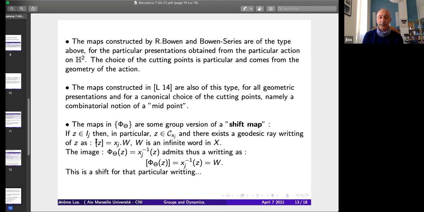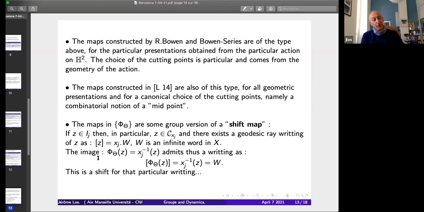So there is a writing of z as a geodesic ray that starts by the letter xj and is followed by some infinite word w, which has to be a geodesic ray. So in particular, w is also a geodesic.